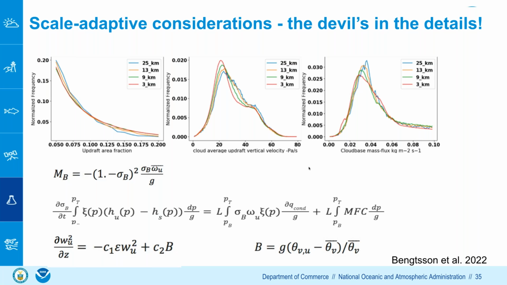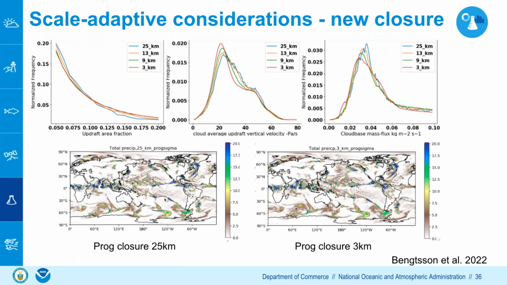So we looked at this using the new prognostic closure that I proposed in this study, and also compared 25 kilometers and 3 kilometers. Now you can see that in general we get better scaling. They match better, these two. It picks up, for instance, over South America and the Central Pacific.